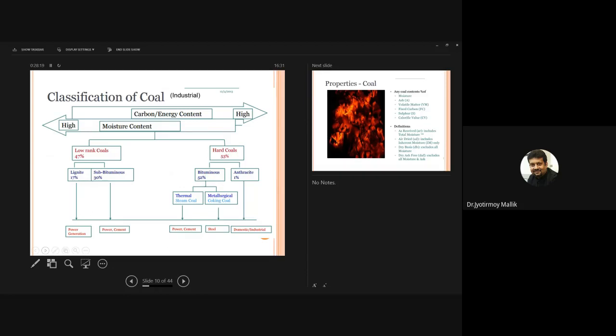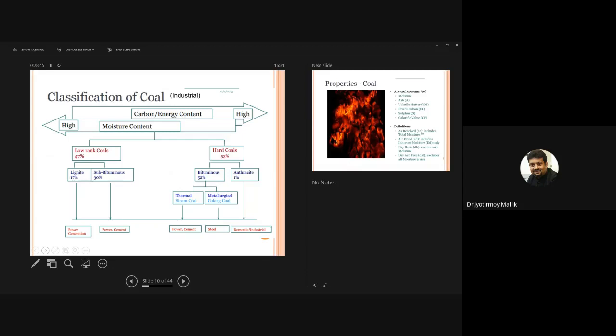So now, in the industry, because scientists look at it from one point of view, like volatile matter, the thing that we have discussed so far. But there is a pragmatic classification that is used for coal in the industry, because it's one of the primary components used in any industry for that matter.